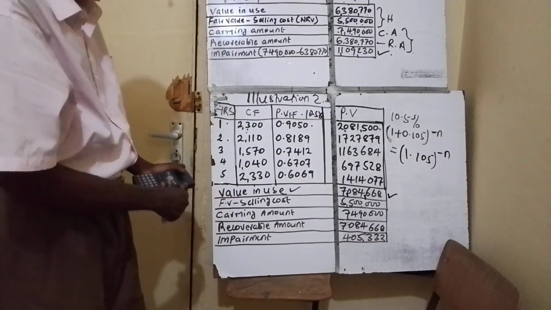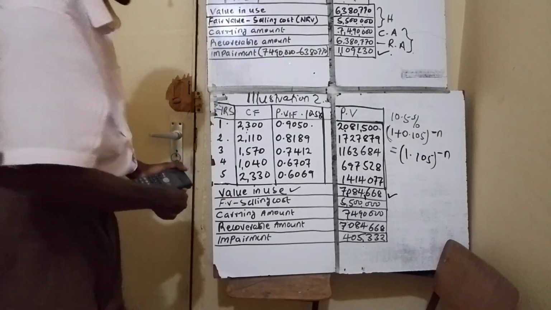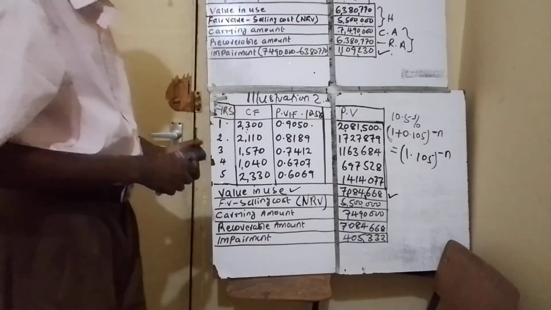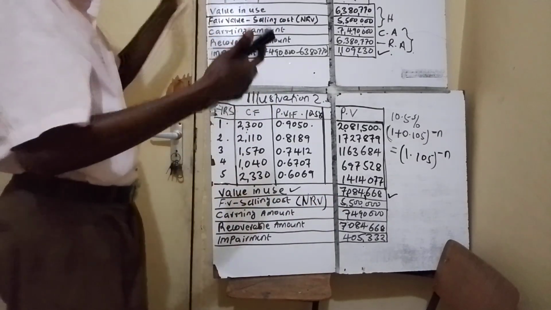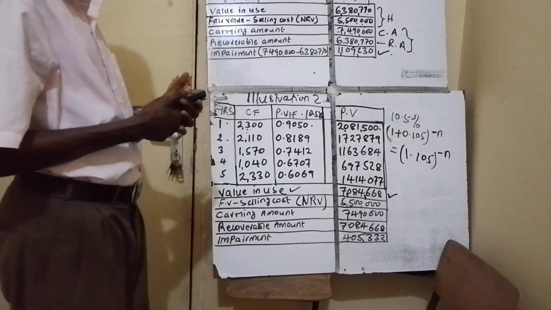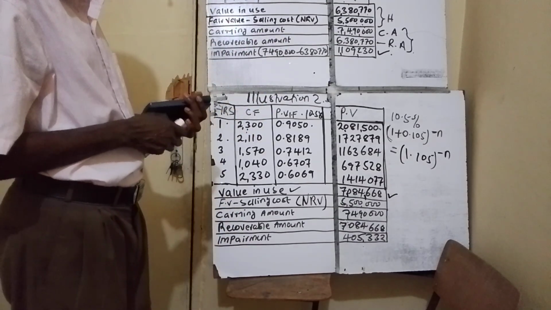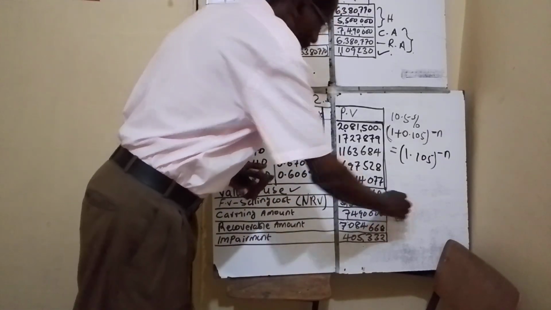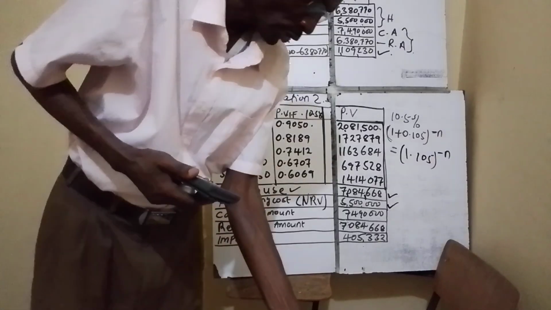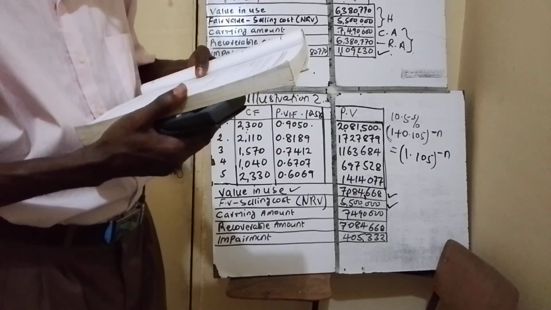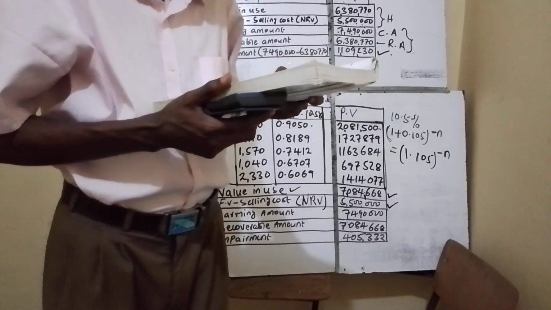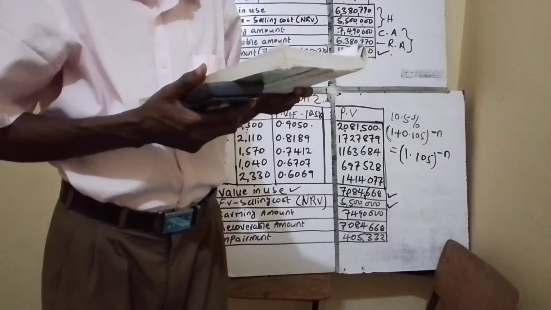Then we compare with the net realizable value. That one did not change. I've told you it is the same illustration. In the previous illustration, we were told that the plant could be sold currently for shillings 5.6, and selling cost was 100,000.